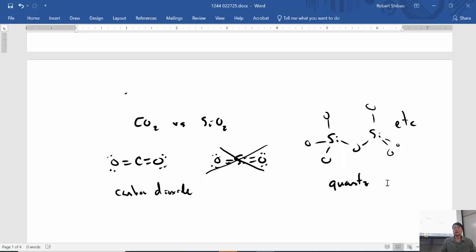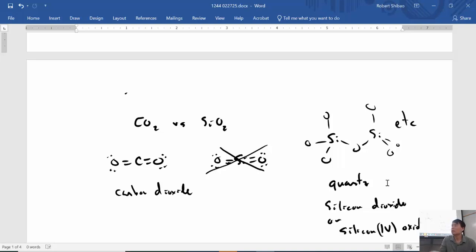For some things, we can try to start figuring out properties. So quartz, people call this silicon dioxide too, or they call it silicon Roman numeral 4 oxide.